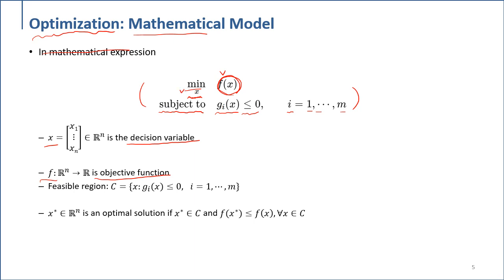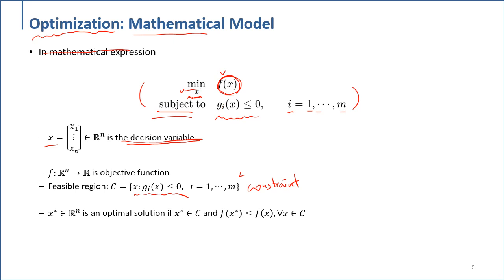Here x is the decision variable and f is the objective function. And there are some constraints here, such that g_i(x) should be smaller than or equal to 0. This is the constraint.